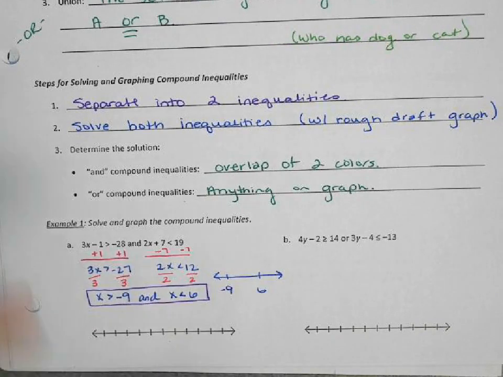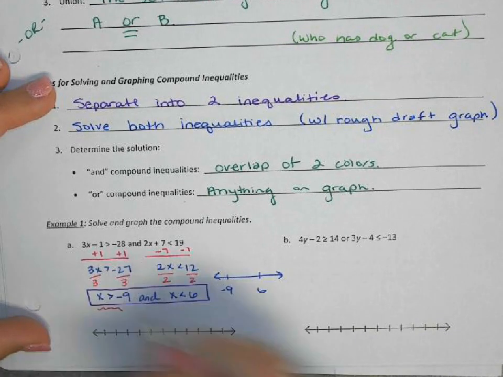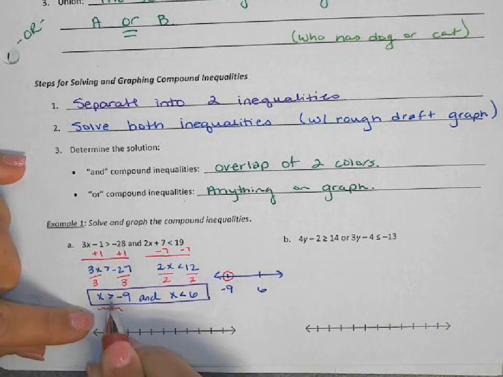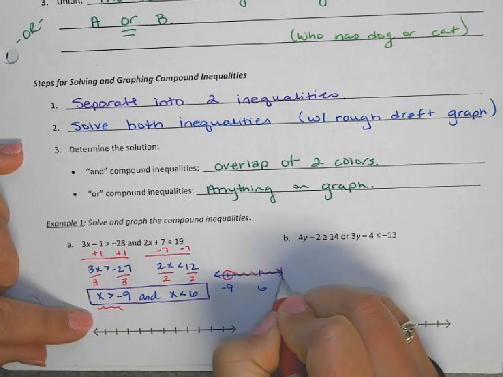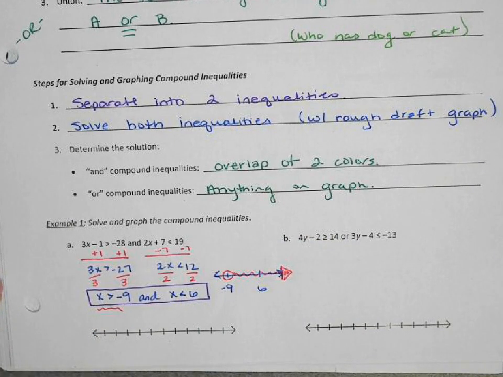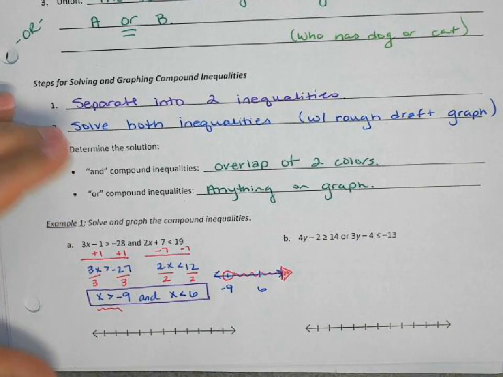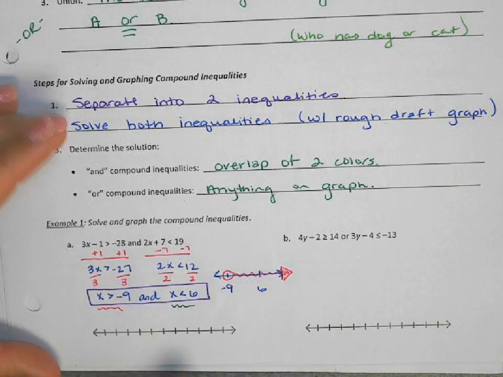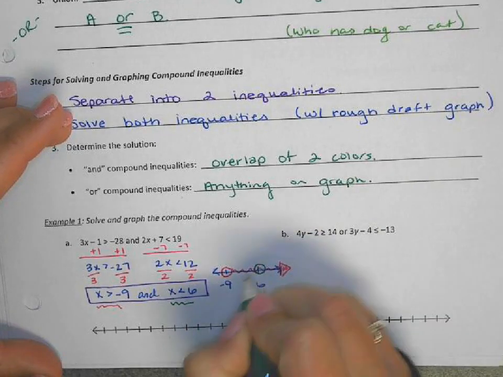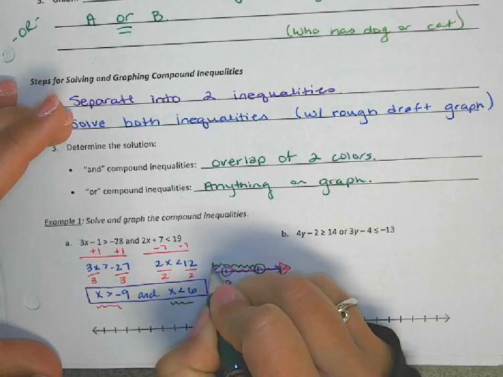Maybe I'll do this one in pink. So I have an open circle at -9 and it's going to the right. Maybe I'll do this part in green. That's an open circle at 6, shaded to the left.